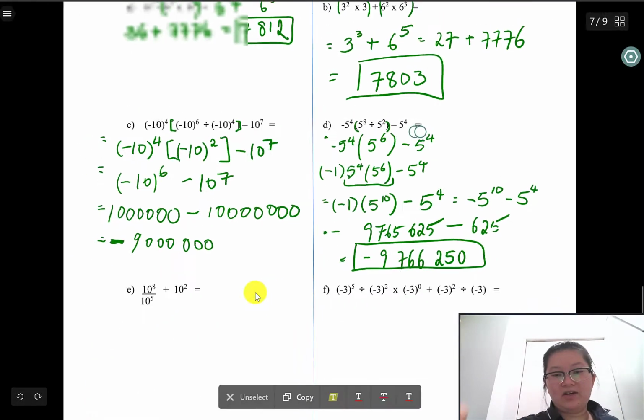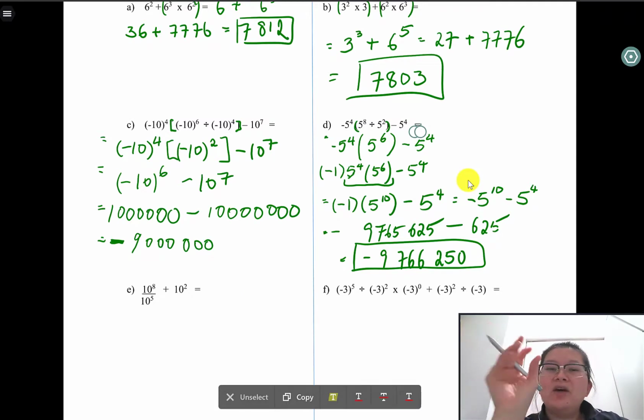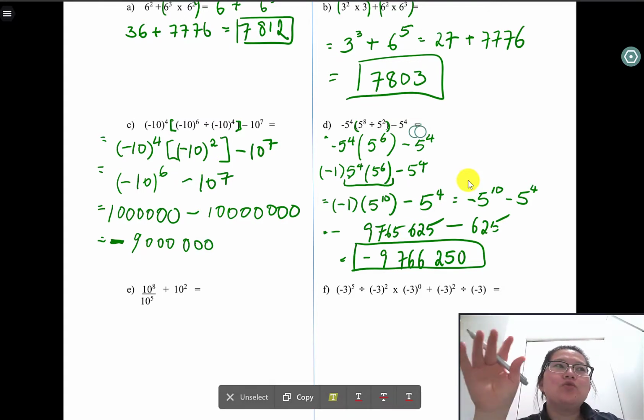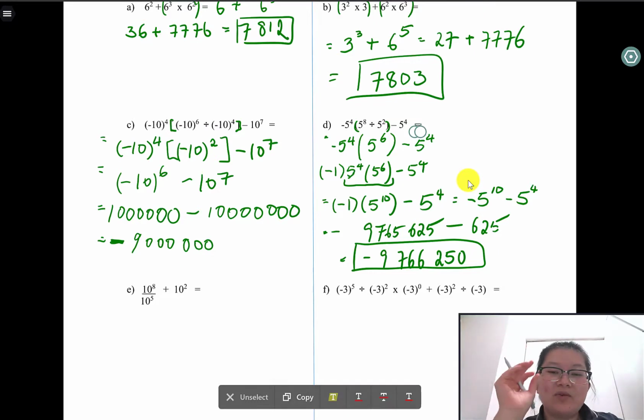So notice that sometimes you have to tweak a power a little bit so that you can incorporate that into the rest of the powers for you to be able to simplify. And that could be extracting a negative sign out or doing something funny with the negative signs to make sure that that happens.